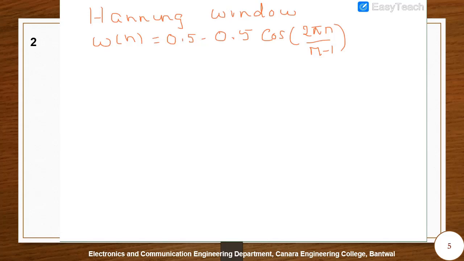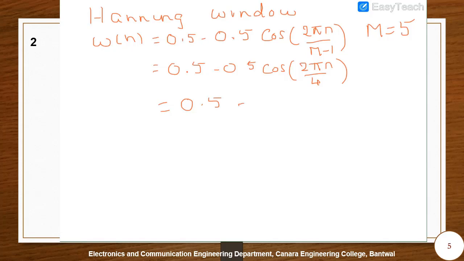Here the m value is 5. So I can rewrite this as 0.5 minus 0.5 cos of 2 pi n by 4. So further simplification gives me 0.5 minus 0.5 cos of pi by 2 n.